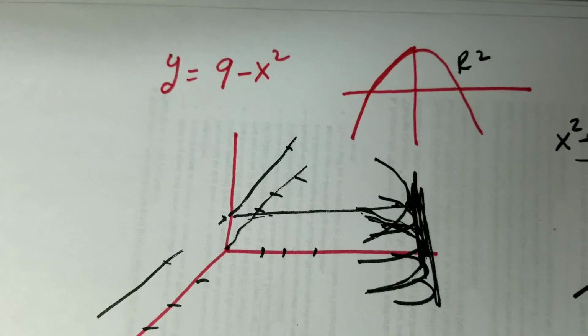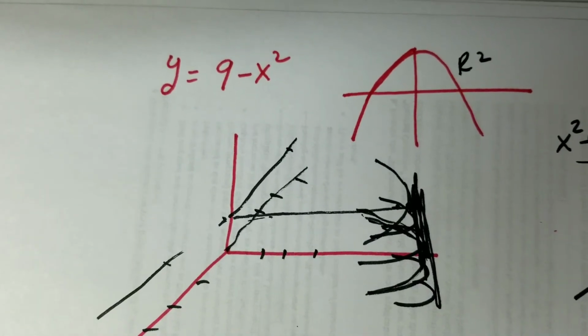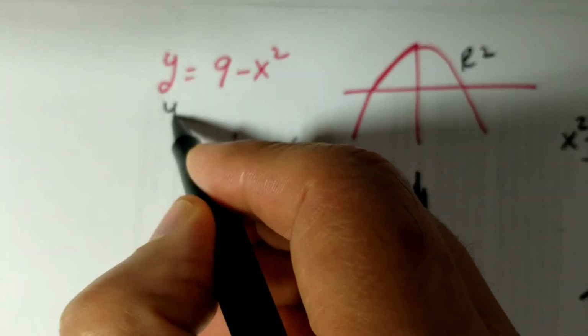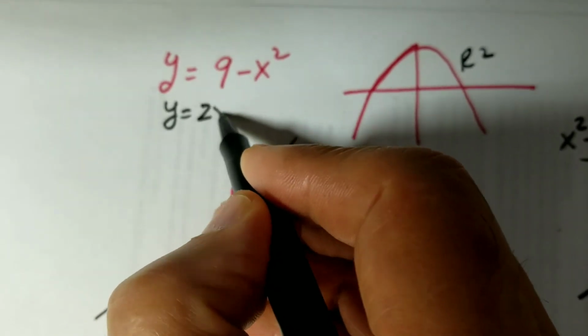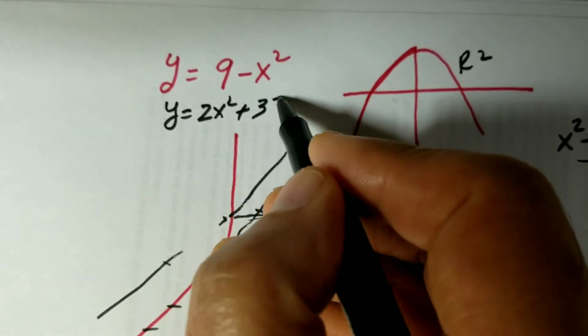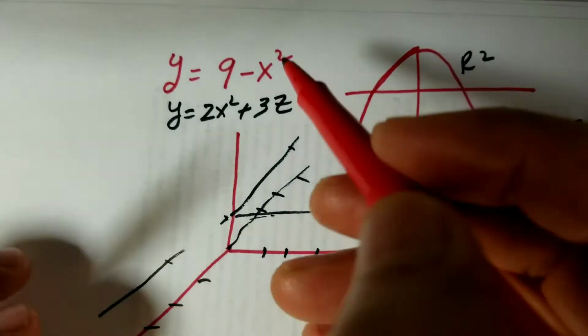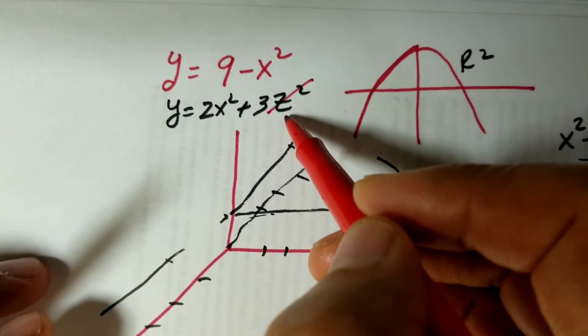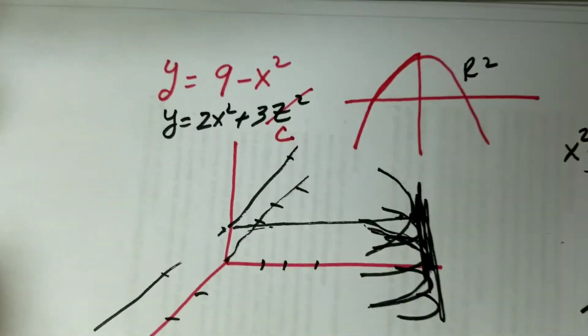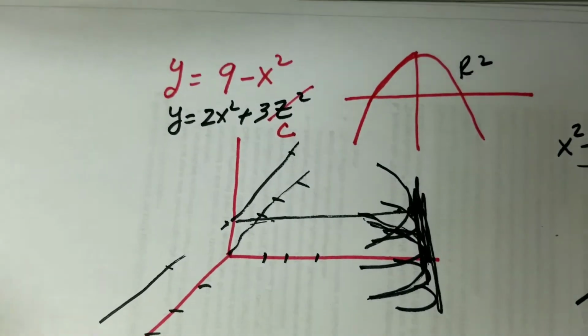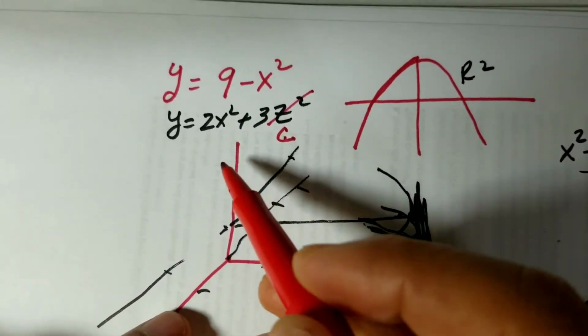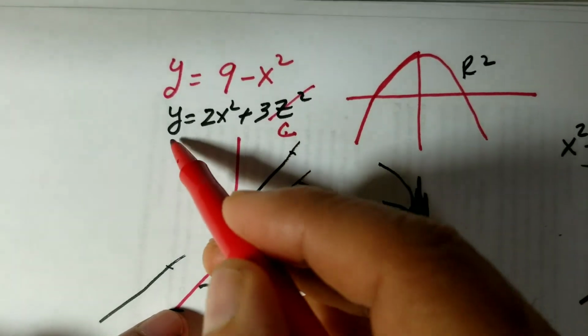Okay. Then I'm going to give you another equation, and I'm going to say this one is y equal to 2x squared plus 3z squared. In here, if the z becomes a constant, like 1 or 0, if the z becomes 0, on the x and y, that's going to be a parabola.